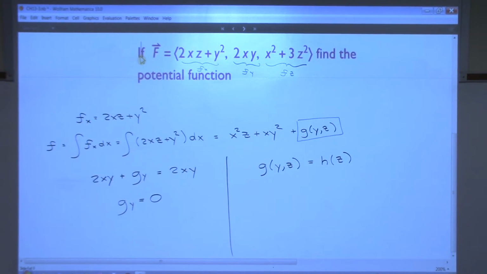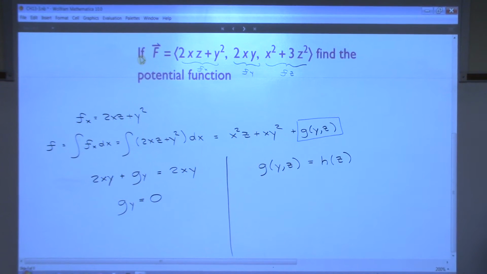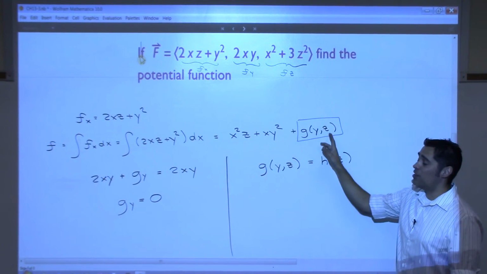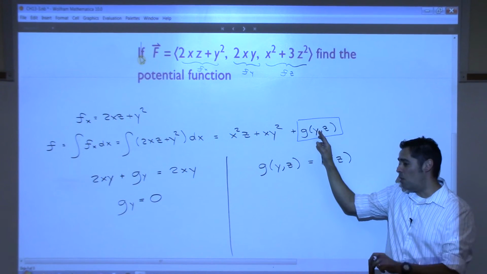But can we say g of y is constant? Here's what we can say. This thing that we were looking at a second ago saying it could have y's and z's in it, I can say for sure it doesn't have y's in it.